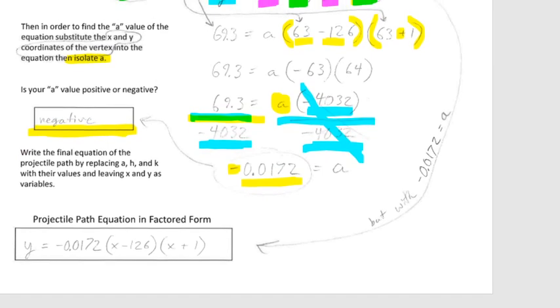So in finally writing it in factored form, we're going to take that A value and plug it in right here. And then the H and K values that we initially plugged in are also going to go in there. So kind of follow this arrow backwards.